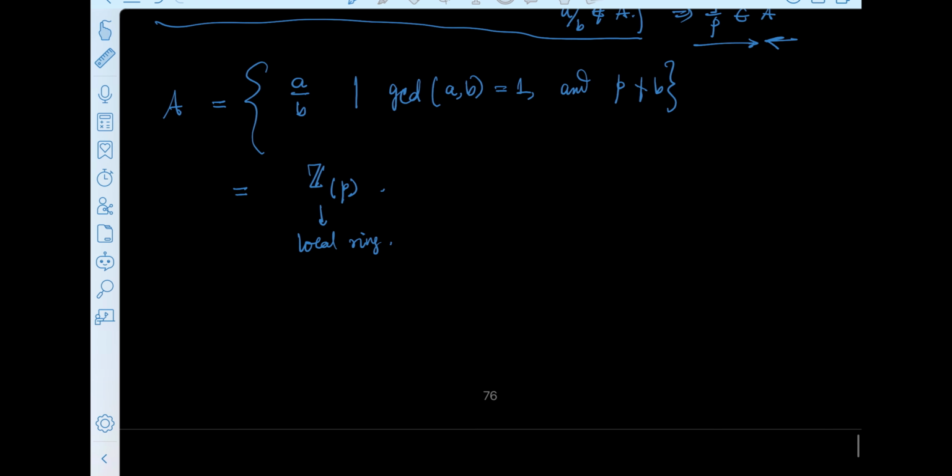So now the set S in the first option is given by A belongs to A such that 1 by A is not inside A, union 0. So let us just decipher what this set is.